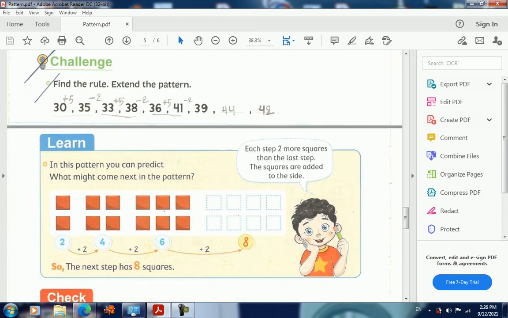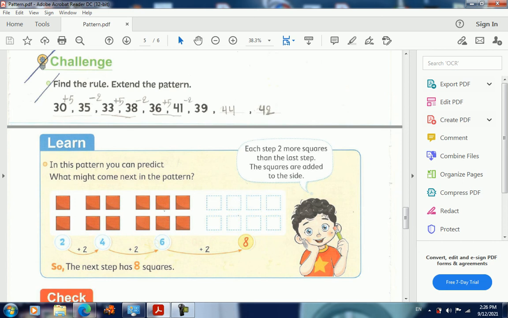And for the challenge, find the rule and extend the pattern. We have to find the rule between each two numbers. So 30 became 35 by adding 5. Then 35 became 33 by subtracting 2. Then 33 became 38 by adding 5. And 38 became 36 by subtracting 2.